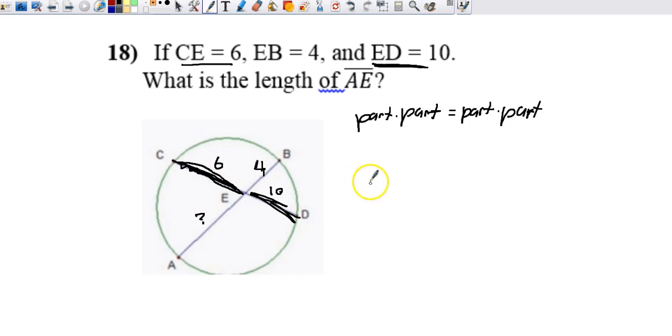So I'm going to do 6 times 10 equals 4 times, I guess we'll call it x. And that's going to be 60 equals 4x. And 60 divided by 4 is going to be 15.